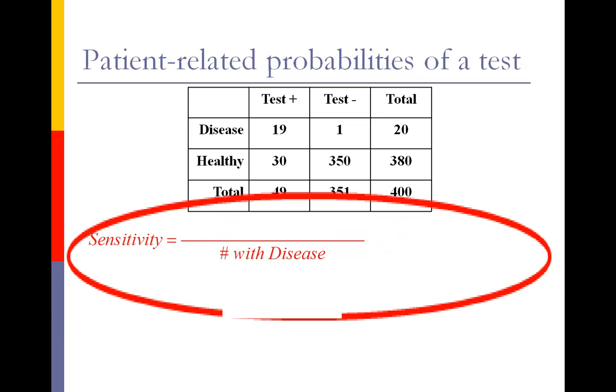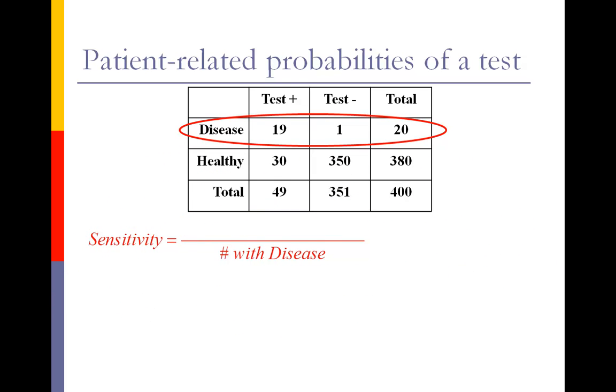That means we're focusing on that row of the contingency table, and looking at how many of the people who had the disease tested positive. We can see from the table that we had 20 people with the disease, and of them 19 tested positive. So the sensitivity is 19 out of 20.